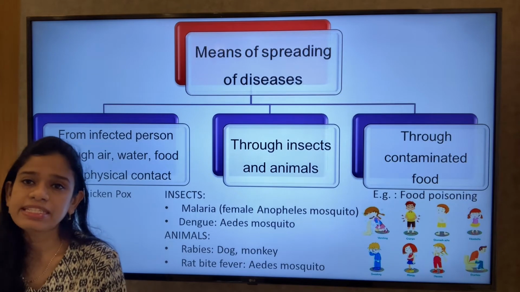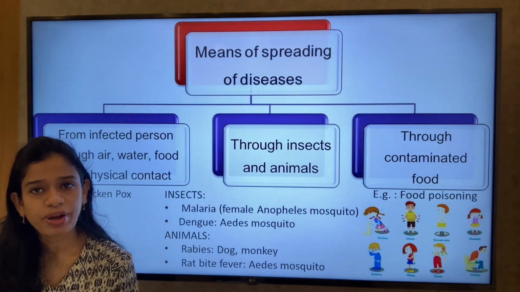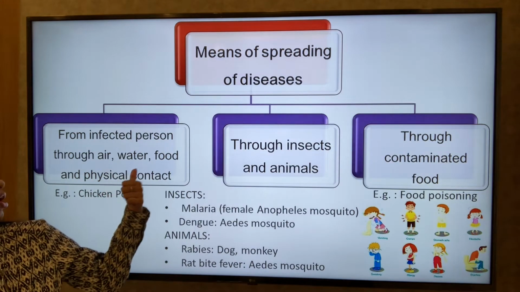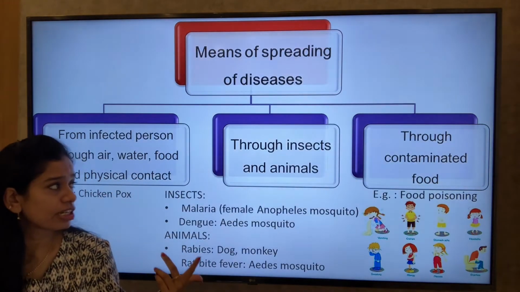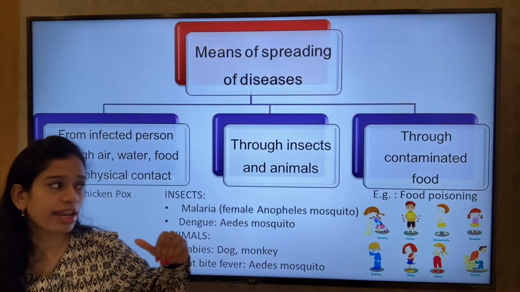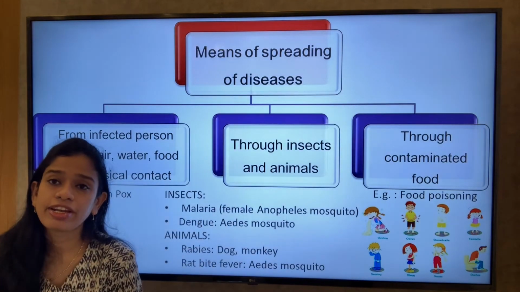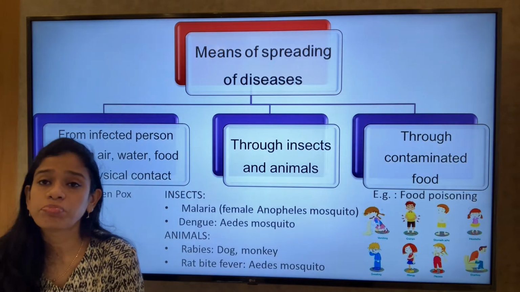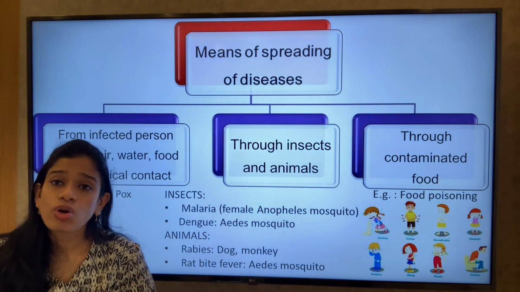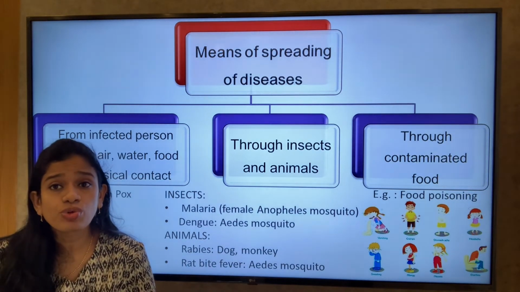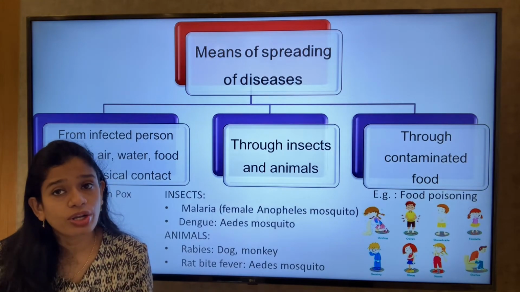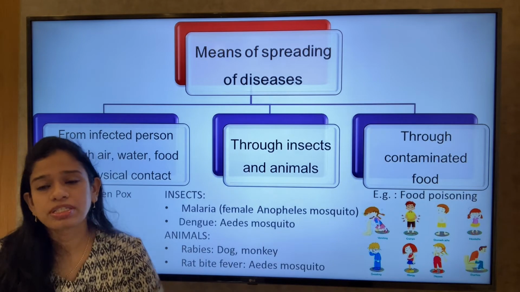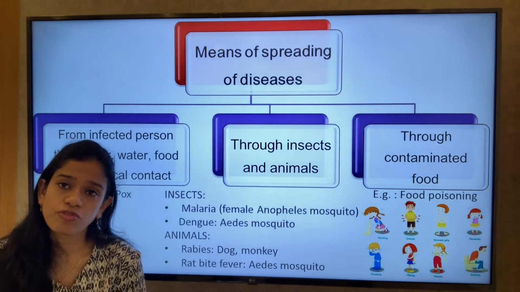What are the means by which diseases can spread? From an infected person, through air, water, food, physical contact, insects and animals, and contaminated food.